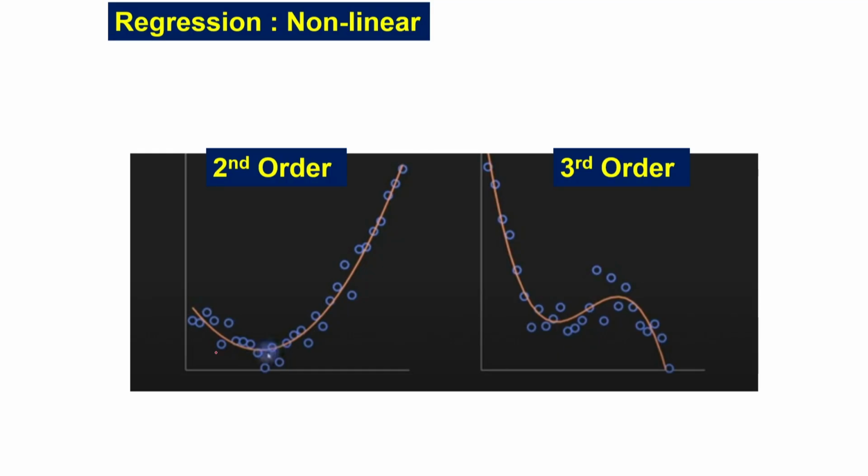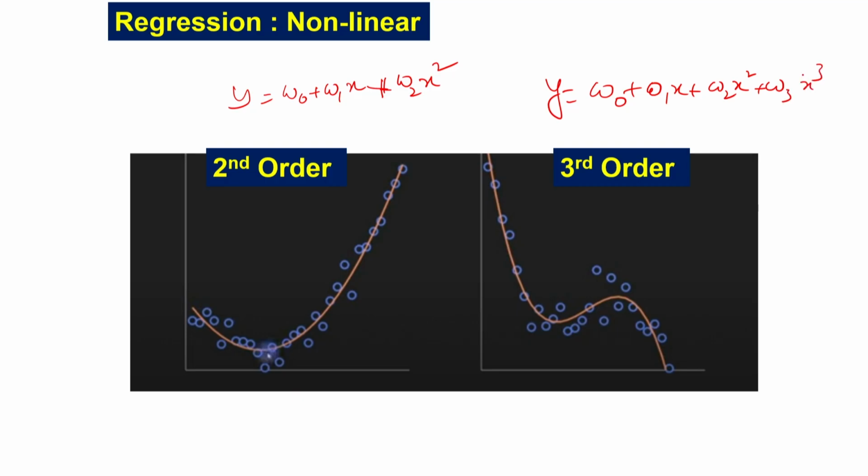You see there are two types of fitting of the data. You can see here this fits nicely with the second order polynomial. That means y is equal to w naught plus w1 x plus w2 x square, and this one y equals w naught plus w1 x plus w2 x square plus w3 x cube.